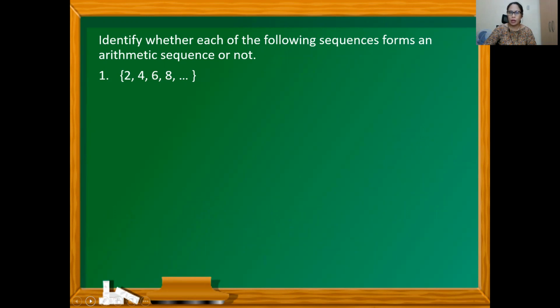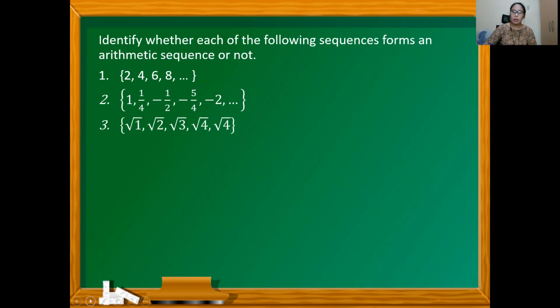Same goes with number 2, as we add the common difference, which is negative 3/4, to the previous term to obtain the next term. So we consider this an arithmetic sequence, particularly an infinite arithmetic sequence.